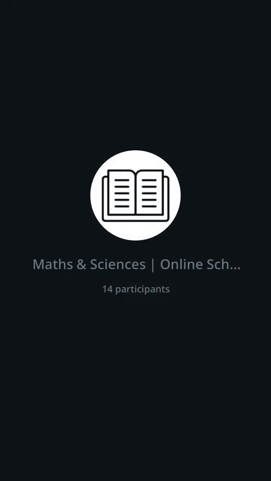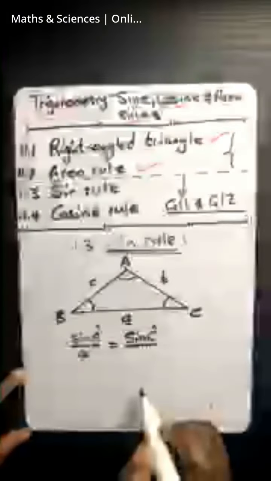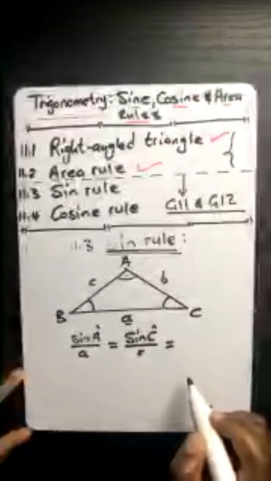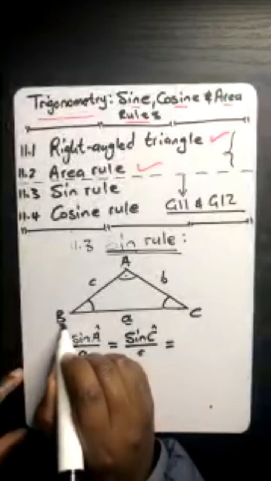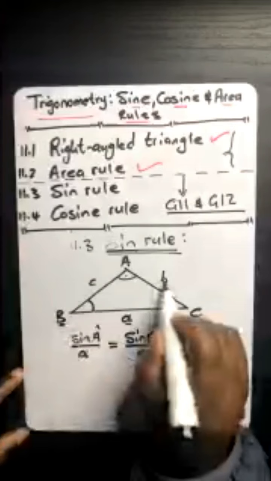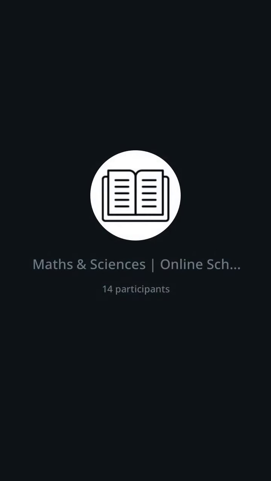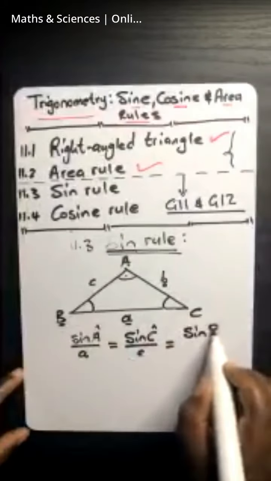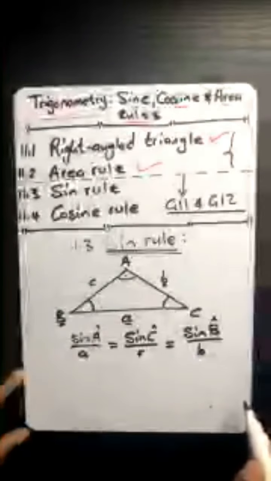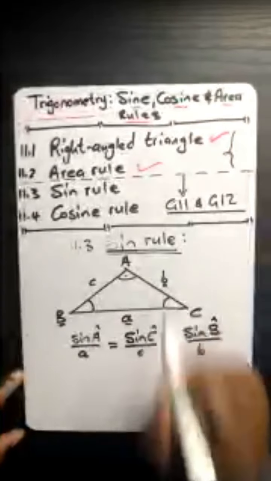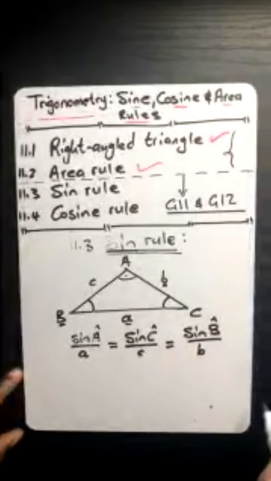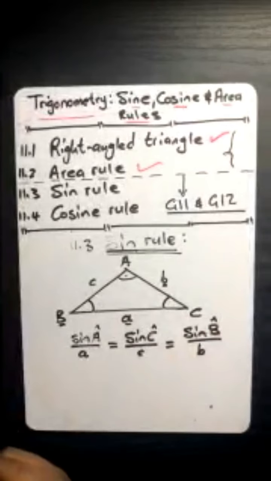Maybe let's choose angle C. That means sine of angle C over small letter c. Also, this is still the same as, if you use angle B, sine of angle B over small letter b. I'm not sure, guys.